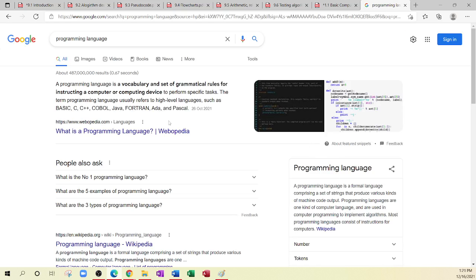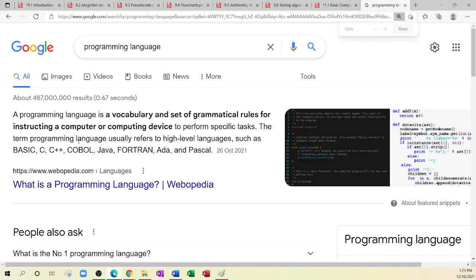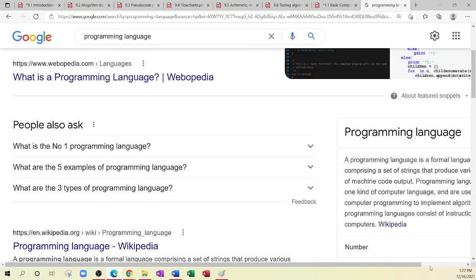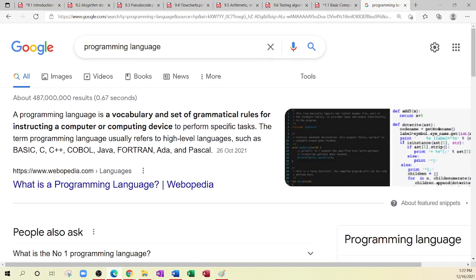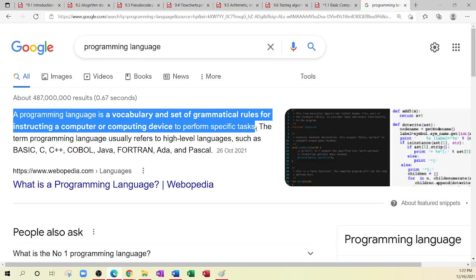So, let's see. A programming language is a vocabulary and set of grammatical rules for instructing a computer. This is for specific tasks. The formal language comprises of strings that produce strings and machine output. Alright, let me go with this one at the top here. So take this as your definition.